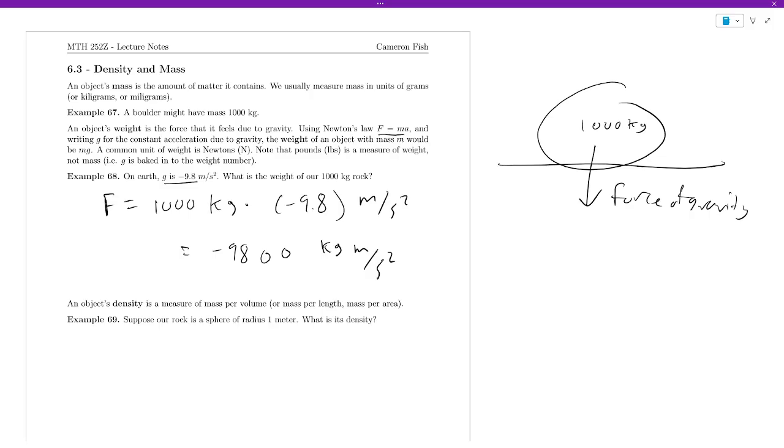So all this number really means is that the amount of force that the rock feels depends directly on both its mass and its acceleration. Directly meaning we just multiply the two numbers. This is something people observed experimentally when they were coming up with physics, that if I make the rock 2,000 kilograms instead, then the force is twice as strong. That's not super obvious. Maybe you could imagine if I double the mass of the rock, maybe that quadruples the force or something like that.